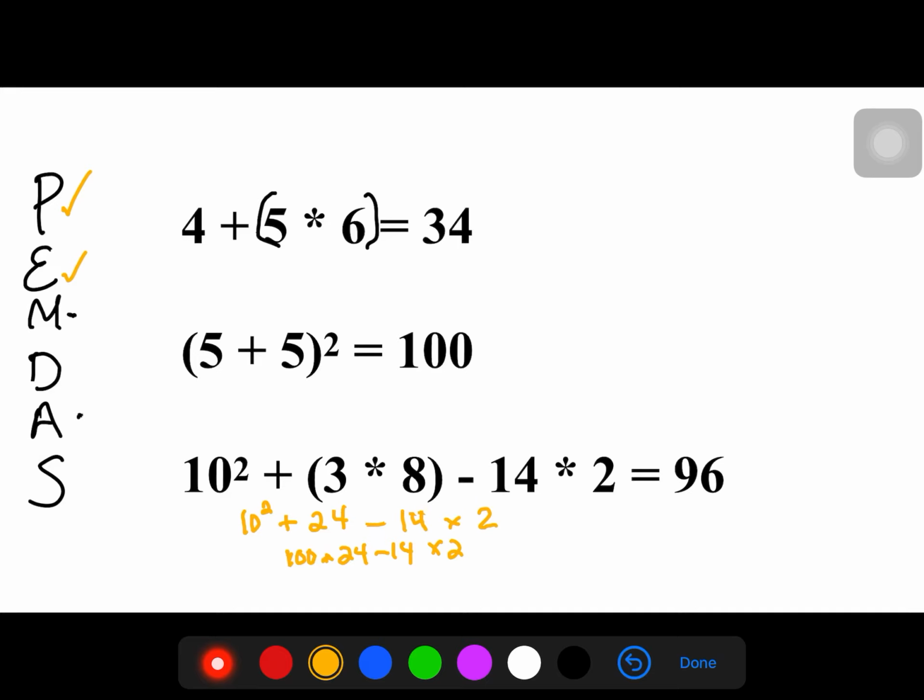All right, now I go through and starting left to right, I look to multiply or divide. 10 plus 24. Nope. 24 minus 14. Still subtraction. I'm not there yet. Ooh, 14 times 2. I have multiplication here. So it's 10 plus 24 minus 28. And now I get to adding and subtracting. 10 plus 24 minus 28.